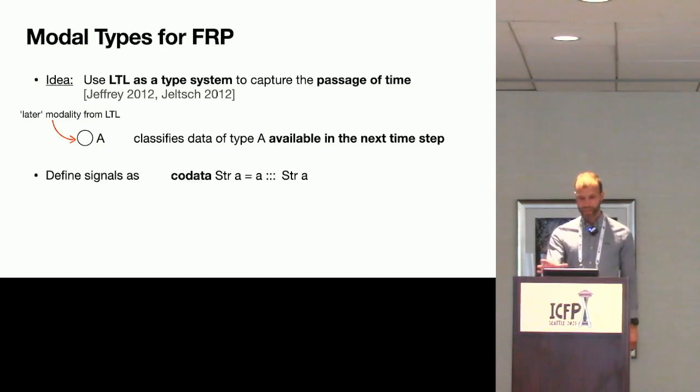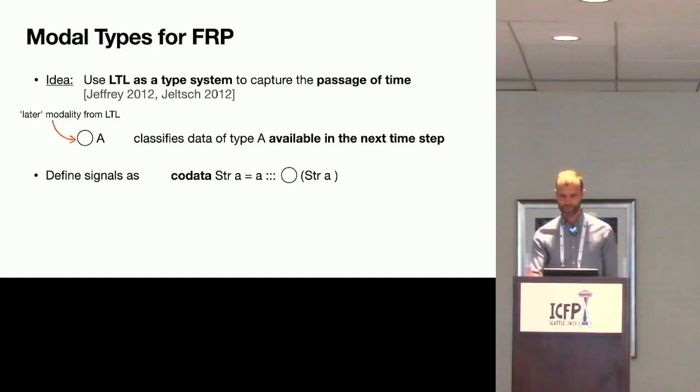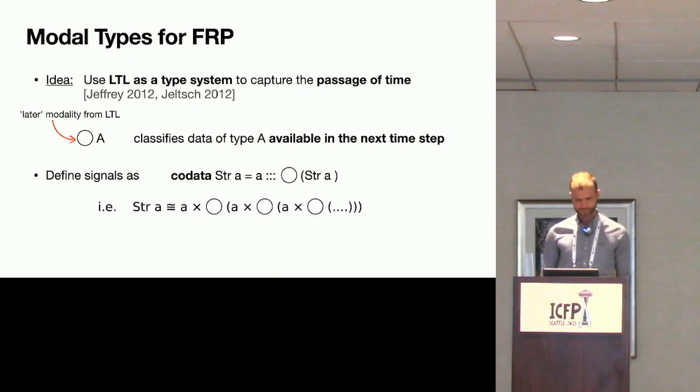Now we can take our type of signals, or streams, this representation, and insert this later modality to really express this temporal dependency, where we say the future state of the stream is available only in the next time step. Now if we unfold this co-inductive definition, we really see how the stream evolves over time.